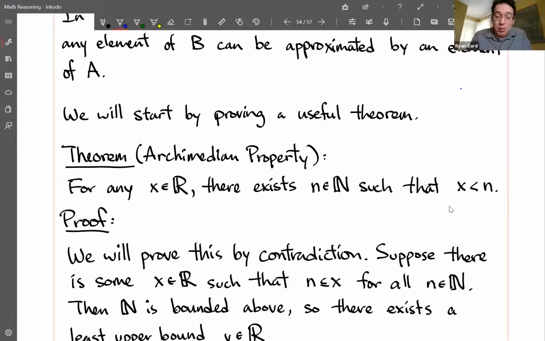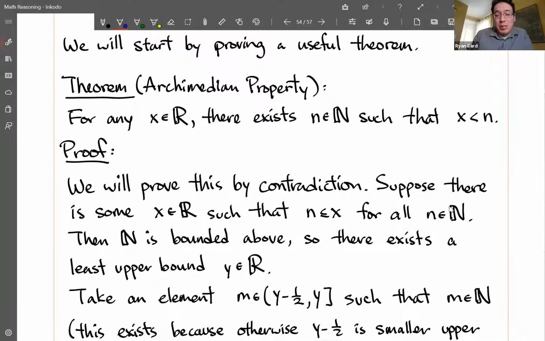So this needs a proof, and if you're pushed to come up with a way to prove it, you might struggle a little bit. You might just say, come on, it's obvious. But it requires a particular axiom that we haven't used quite yet. So let's jump right in.